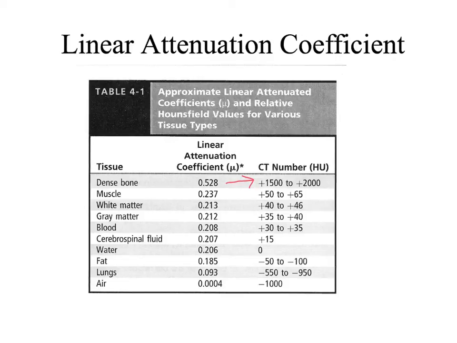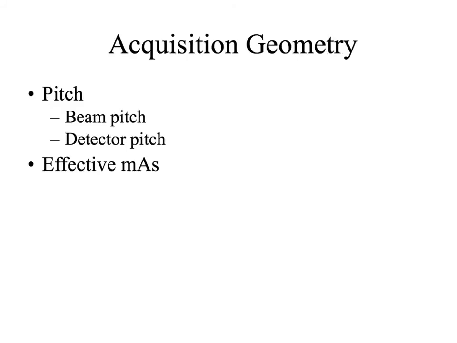But just be aware that the main way that we're thinking about these different linear attenuation coefficients is we're tying them to Hounsfield units because we can visualize that. That's going to pop up on our image display, and then I can drop an ROI, a region of interest, in that area, and it will tell me how many Hounsfield units are measured in that area, right? So it's a computer tool for us.